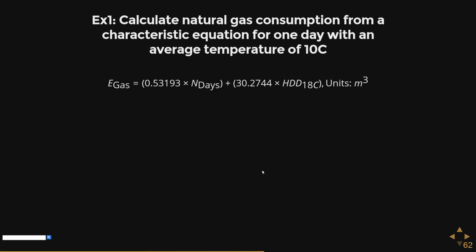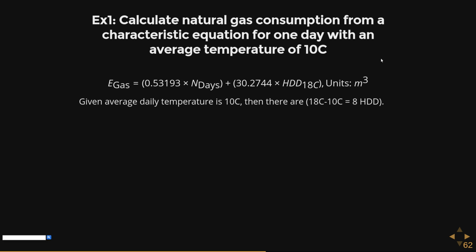For example, if you were given the characteristic equation of a building that looks something like this, we're looking at natural gas consumption of the building. Units are volumes of natural gas, or meters cubed of natural gas. And if you were asked to calculate how much energy a building like this would consume if the average temperature outside was 10 degrees Celsius, here's how you do it.